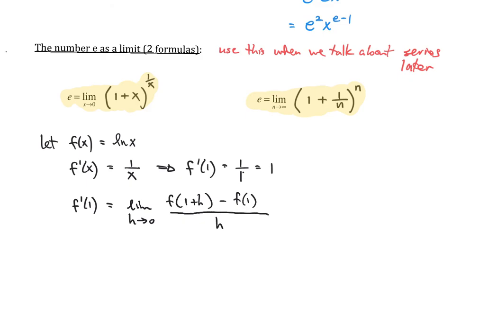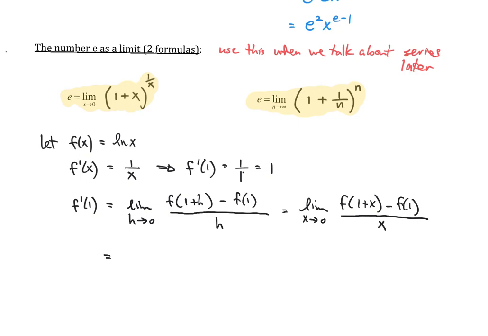Let's simplify this and calculate what we get. We can really replace the h with an x. And let's write this as the limit as x goes to 0 of f of 1 plus x minus f of 1, divided by x. Now we can substitute in.